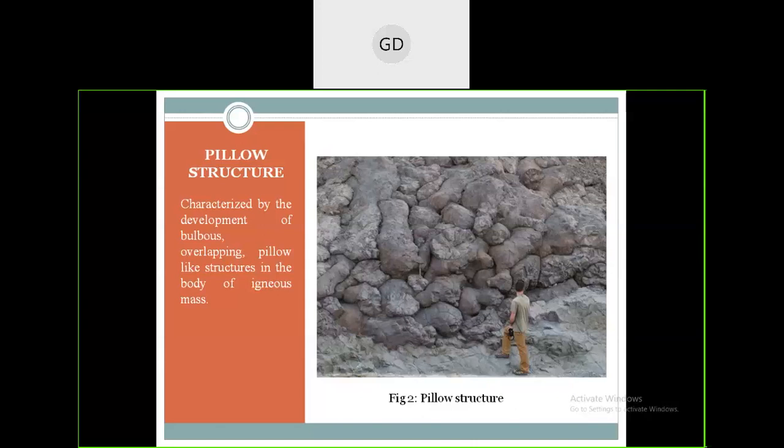Further flow is possible only when the crust formed at the top of the lava ruptures; only then can the lava below flow. So it forms bulbous, pillow-like structures.